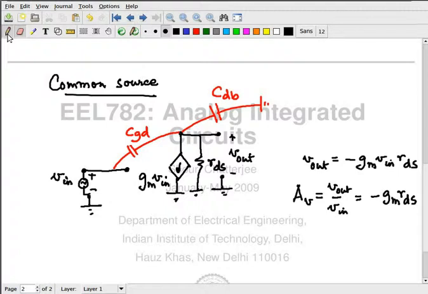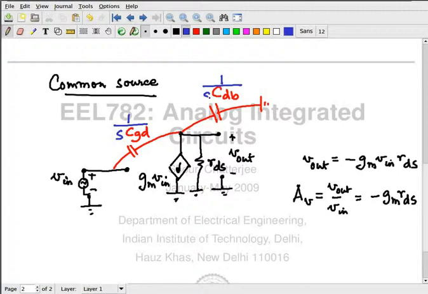So I'm going to treat the capacitances as impedances. Each of these impedances has a value of 1 by s times the capacitance, or 1 by j omega times the capacitance. Right? And then I'll have to do an analysis. Agreed? So shall we quickly try to do that? First of all, the drain to body capacitance comes in parallel with rds.